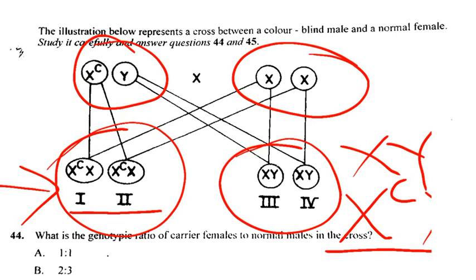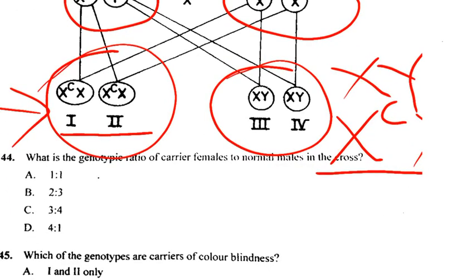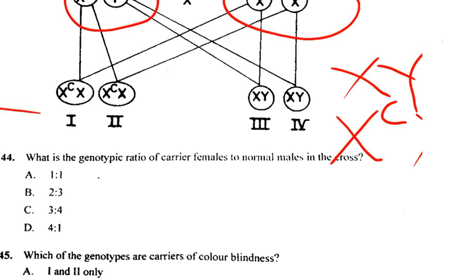I'm going to read question 44. Question 44 reads, what is the genotypic ratio of carrier females to male in the cross? I'm undoing the annotations on the slide, sorry.